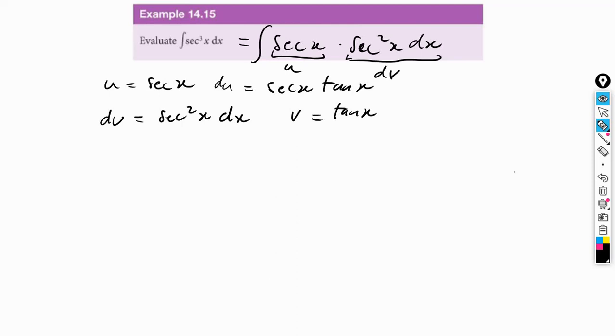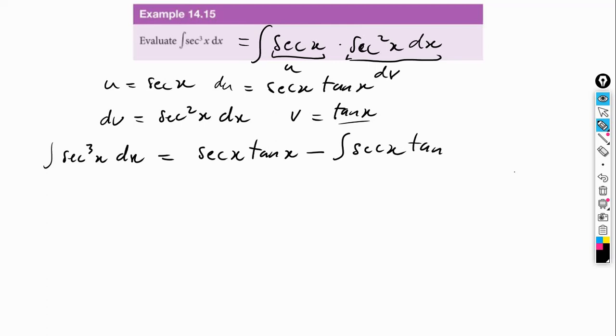So we could rewrite the integral of secant cubed of x dx, and we can say it's the same as u times v, which would then be secant of x times tangent of x, minus the integral of v du, right? So, but notice that v is tangent of x and du is secant times tangent. So we know that this is the same as saying secant of x times tangent squared of x dx.